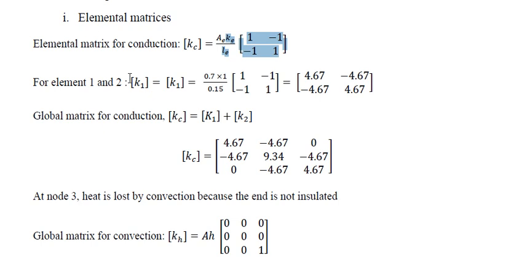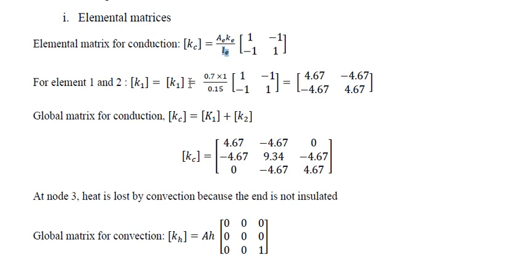Now there are two elements, but the conduction matrix for both elements will be the same because the area is the same. What is the area? It is not given, so we have to assume it as 1 meter square. Conductivity is the same, and we have equally divided the length into 0.15 meters.